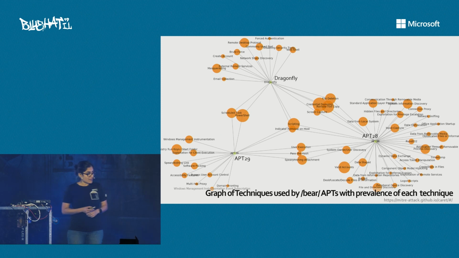Maybe you go a step further, and then you overlay this data with the prevalence of each technique. So now the size of the bubble is dependent on how prevalent each technique is in general, not just with these attackers. So now you can start to use this graph to drive some data-based conclusions for your organization.